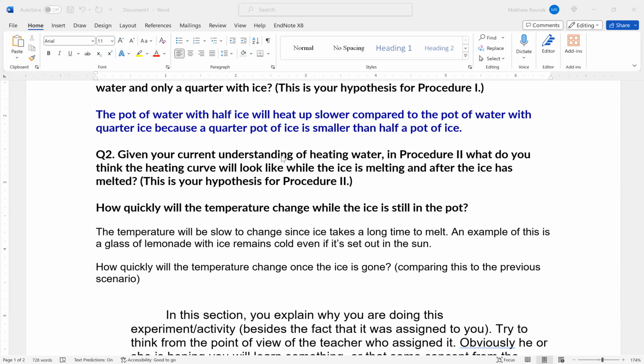Here's what I have written in the chat. I think I could have written something better. Yeah, that's okay. That's a good answer here.